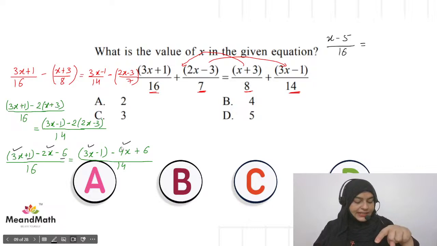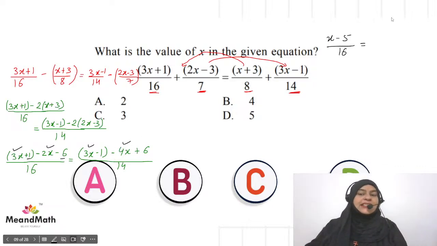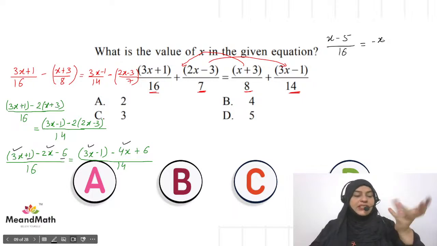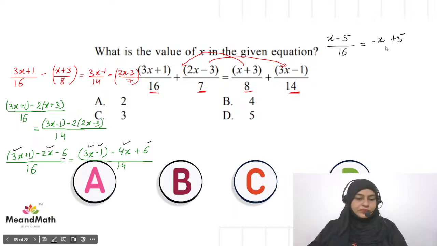So 3x minus 4x, it will be minus x because 4 is greater than 3. Now minus 1 plus 6, it will be plus 5. Right? It will be divided by 14. Correct? Try to solve it by yourself, all of you.